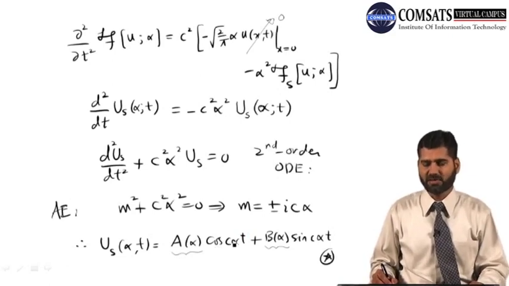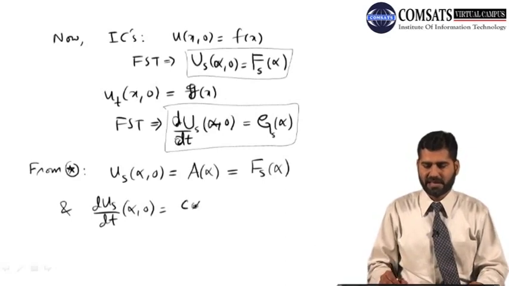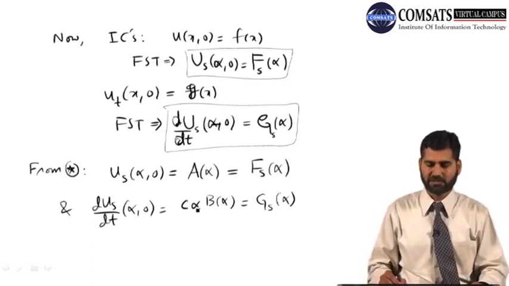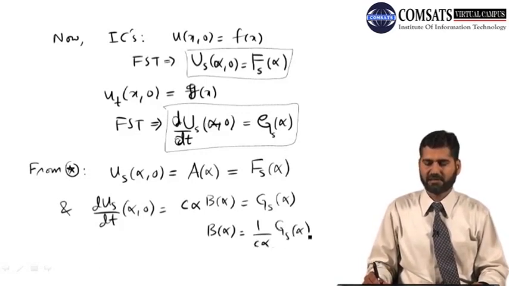The derivative of cosine is sine, so sine 0 is 0, and the sine term becomes cosine. So cosine c alpha at t = 0 becomes 1, and I get B(alpha) times c alpha. So c alpha B(alpha) is equal to G_s(alpha). From here I got B(alpha) = 1 over c alpha times G_s(alpha).